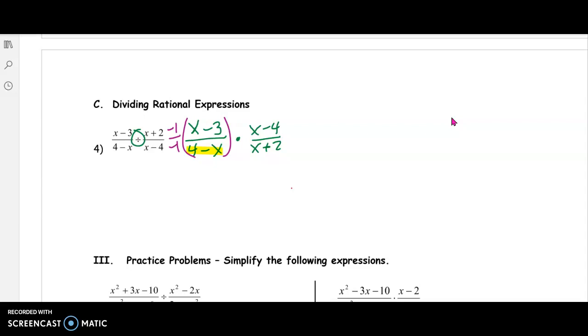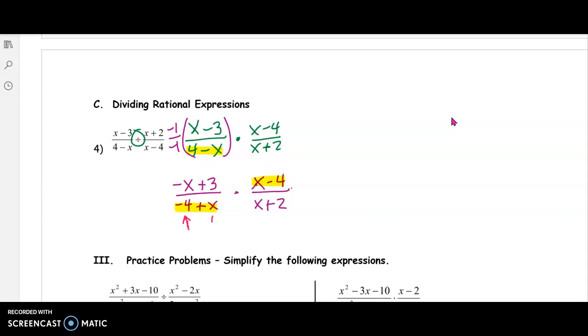So now that makes the top negative 1x and positive 3, and the bottom negative 4 and positive x. And that is great because in the other fraction, we have x minus 4 in the numerator, and that is equivalent to negative 4 plus x.